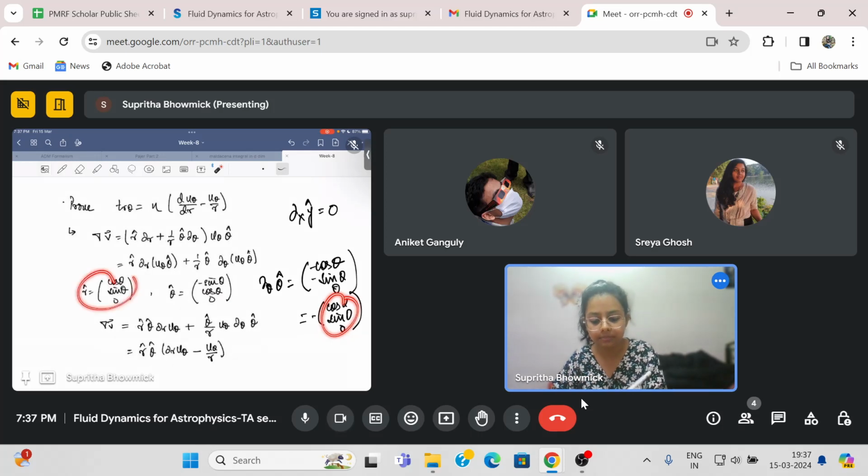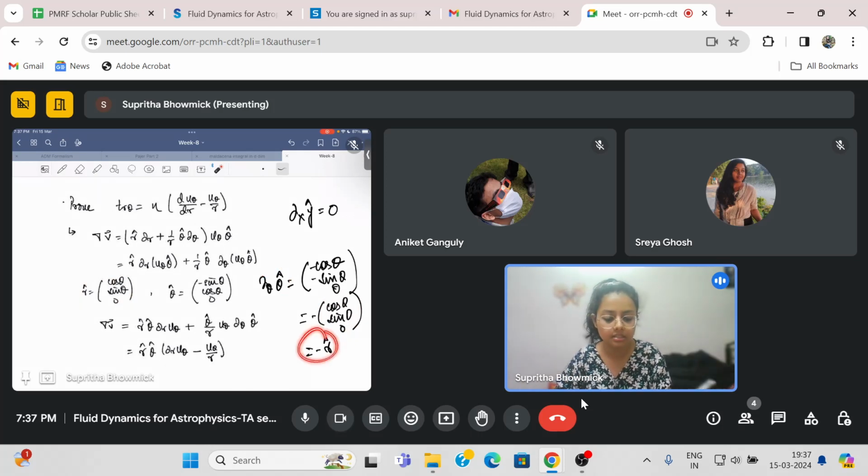This is just minus r cap. So we just found out that del del theta of theta cap is minus r cap. We substitute this over here and you will see that once again you have an r cap theta cap. So it turns out that the outer product theta cap r cap is the same as r cap theta cap. So you can pull out an r cap theta cap common.